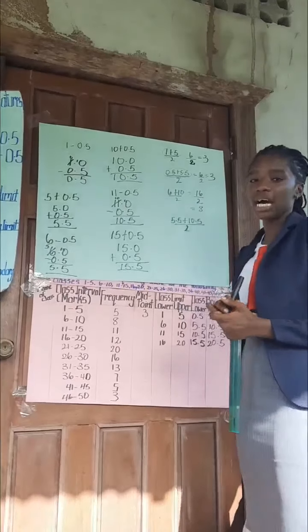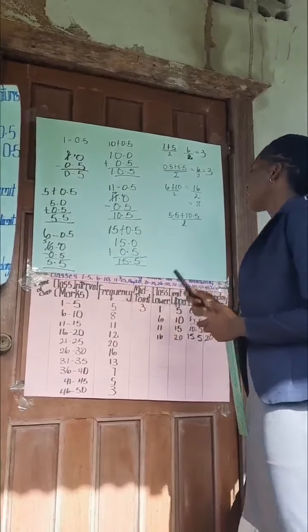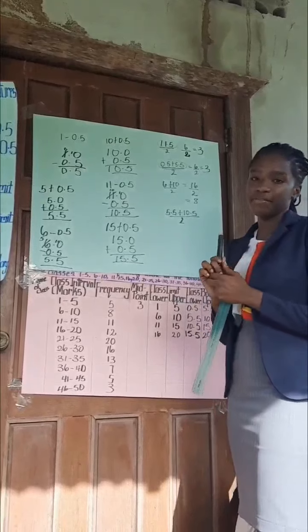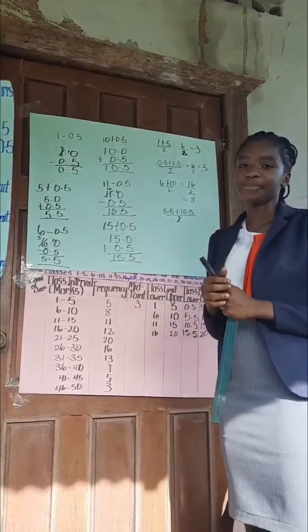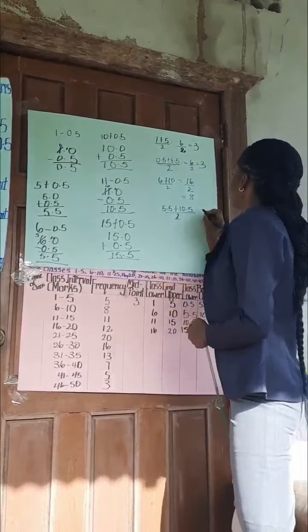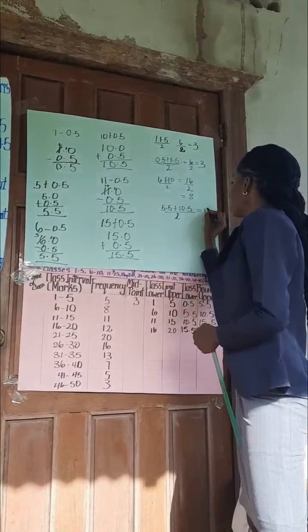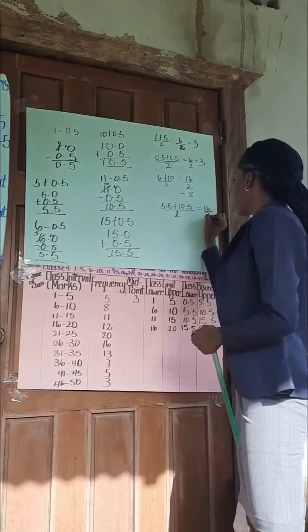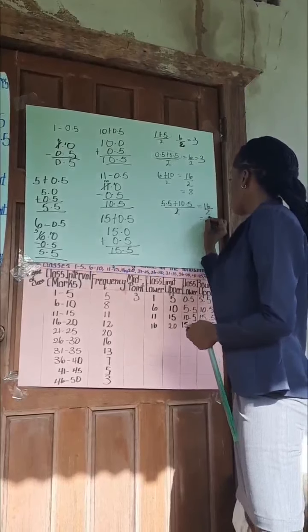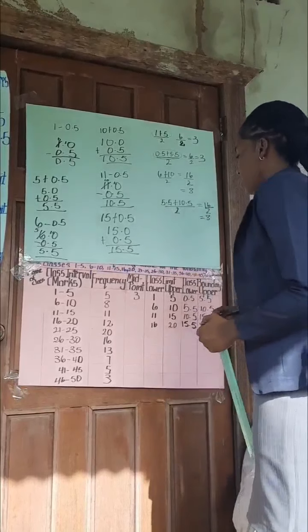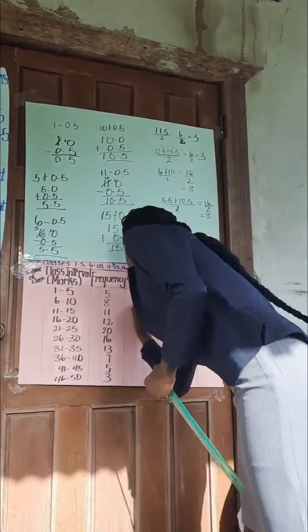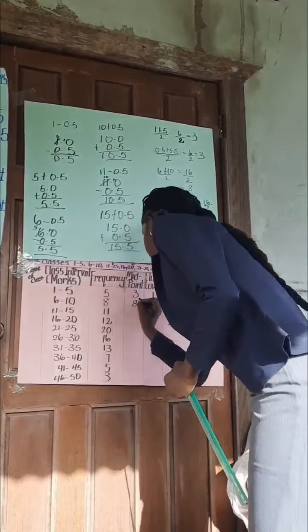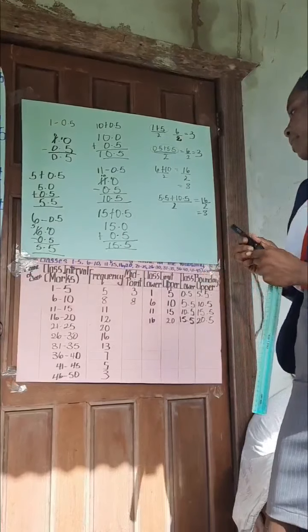We're going to add 5.5 plus 10.5. Yes, 16. Very good. 16 over 2, and that is also going to equal to 8. So the midpoint of this class is 8. Right?